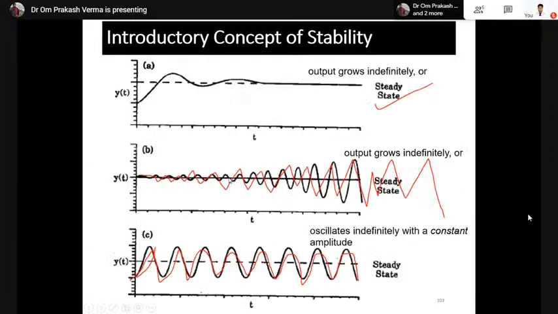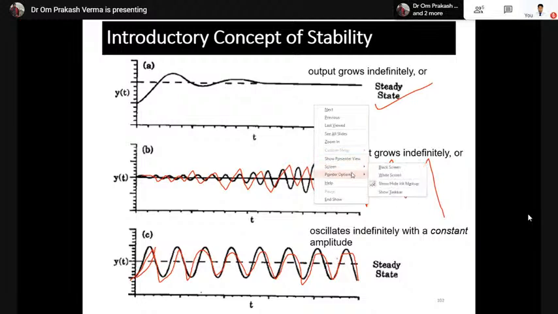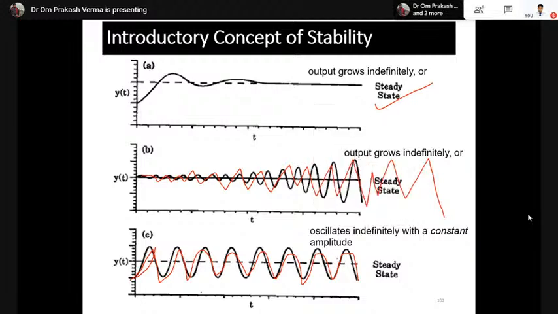First, we have defined what happens as t tends to infinity. At infinite time, the steady state, it means whatever desired value we have, we have achieved after a certain interval of time. But in the third case, we are not able to achieve the final value, we have the sustained type of oscillation also.